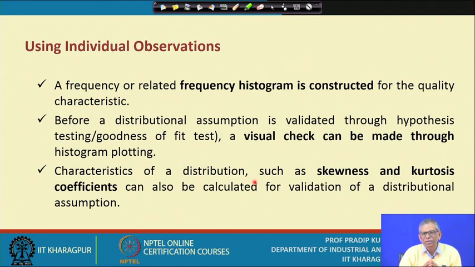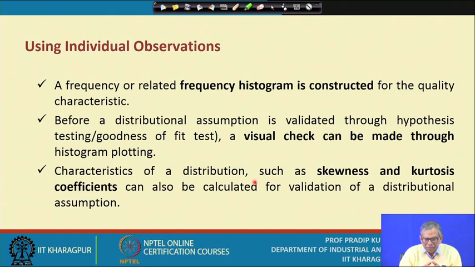If you plot the histogram, by looking at the shape you may conclude whether the distribution is unimodal or multimodal, whether it is symmetric or not, what the peakedness of the distribution is, and similarly the skewness, whether it is skewed to the right or to the left. These sorts of subjective judgments you may make regarding the random variable under consideration. So this is a must.